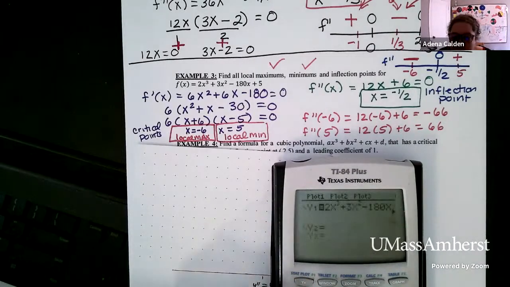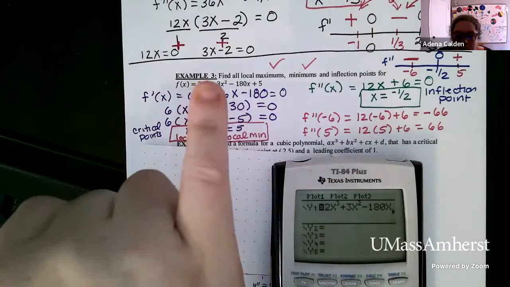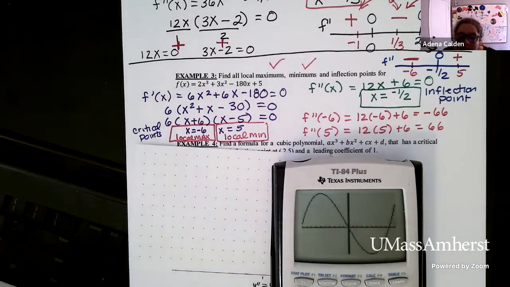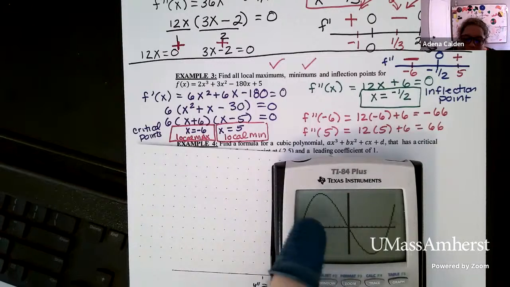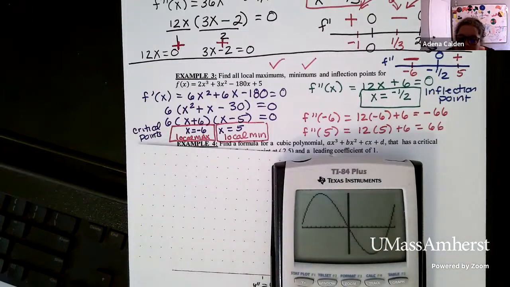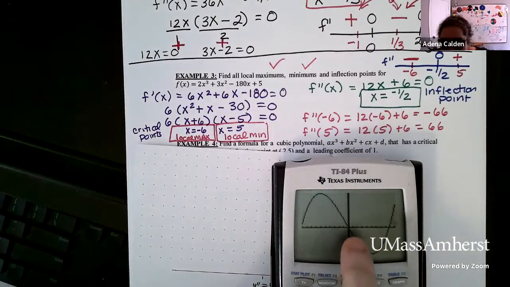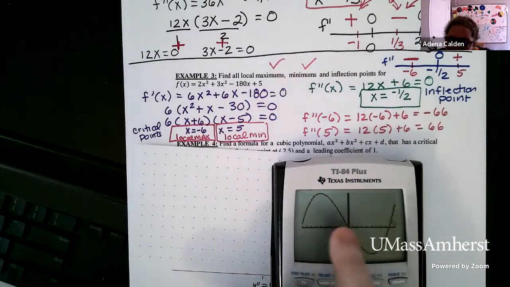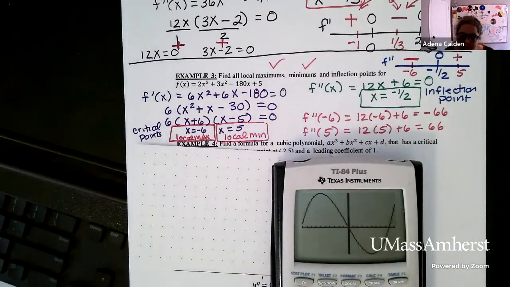Okay, so I'm going to go back so you can see here, this is the 2x cubed plus 3x squared minus 180x plus 5. And I see that I do have a local max right about -6. So if you count over, that's a local max. I have a local min at roughly 5, and the inflection point is right near 0-ish. So -1/2, if I were to zoom in, is going to be where that inflection point is. So that agrees with all the work I did.